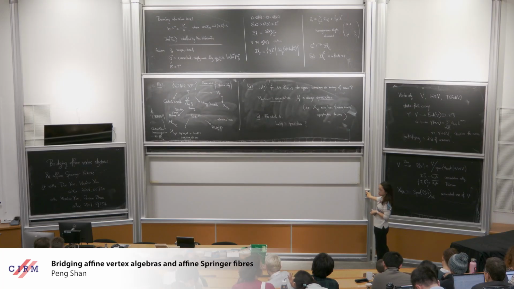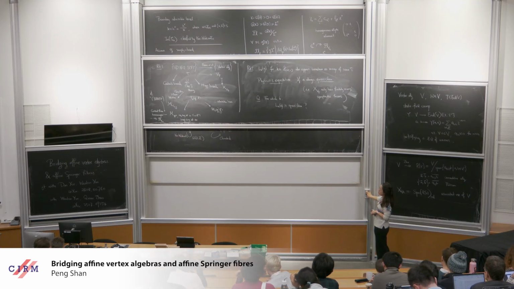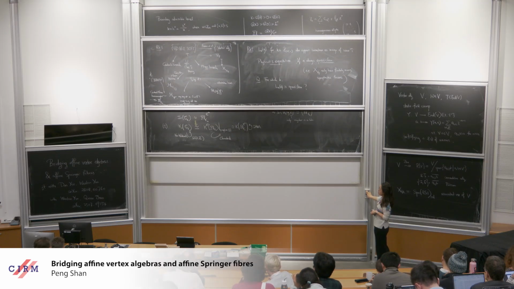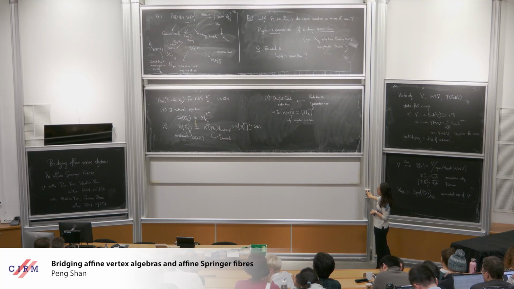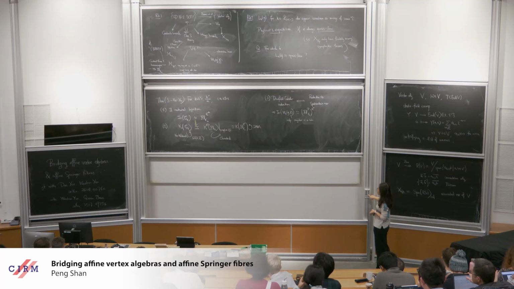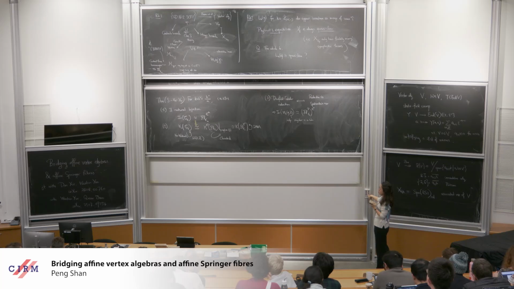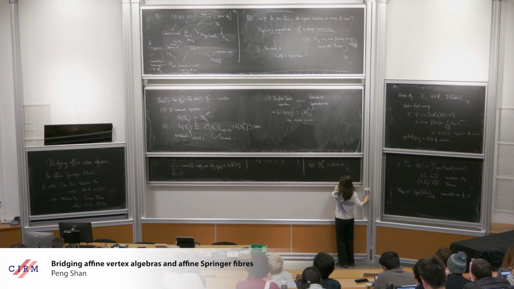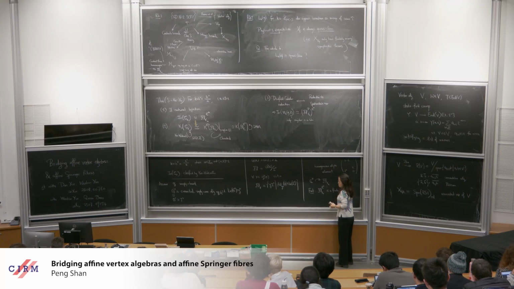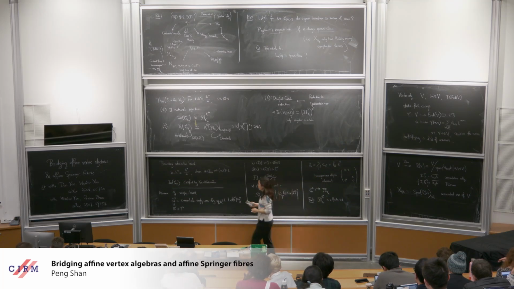Okay, so we'll move to the non-admissible case in a second, but I first want to discuss more about this admissible case. I told you how the irreducible objects look, but we haven't discussed the associated variety in this case. The associated variety has been computed by Arakawa.